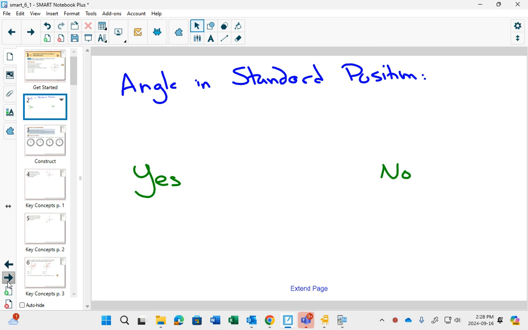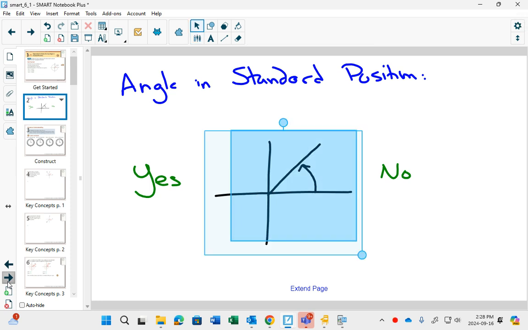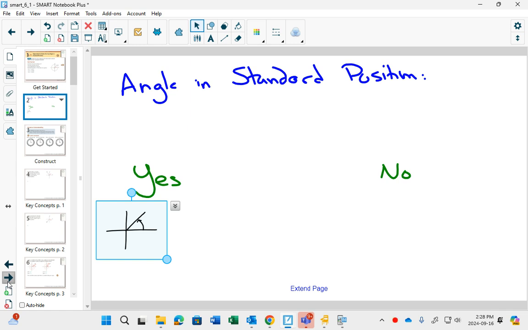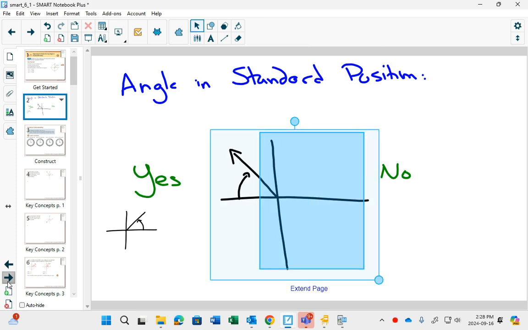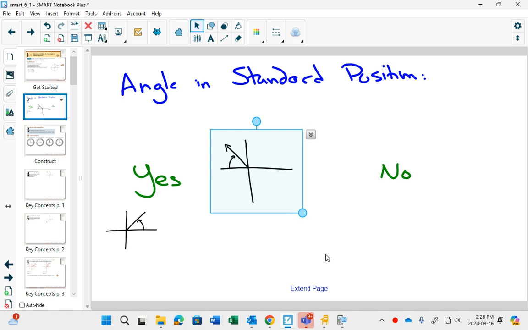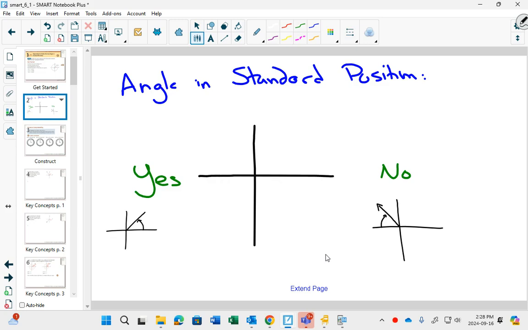So for example, we start with this one. This is an angle in standard position, so I put it here. This one is not an angle in standard position. Maybe.